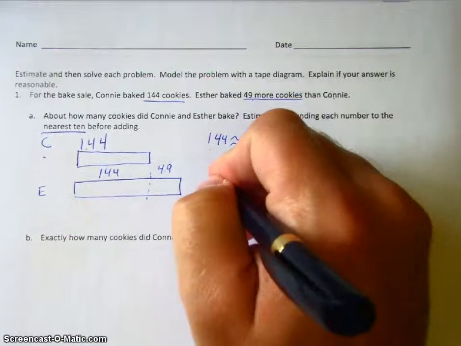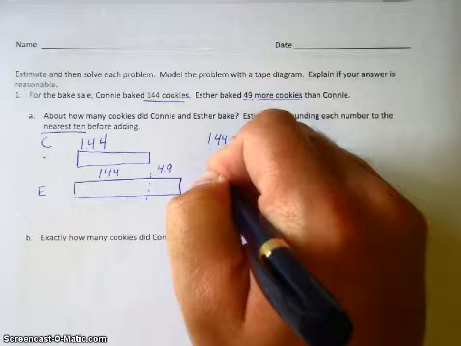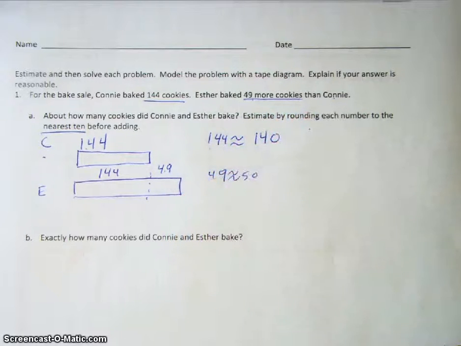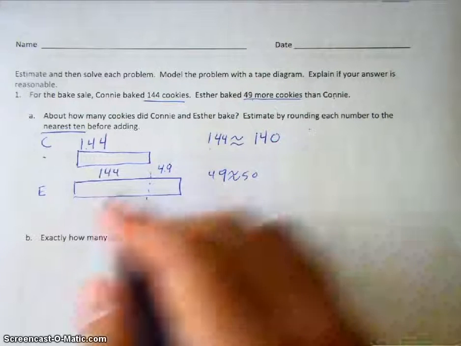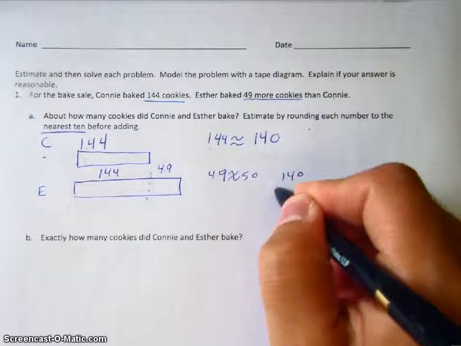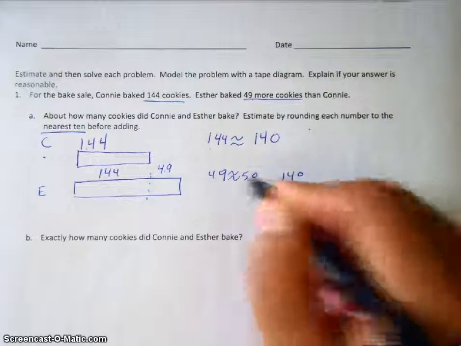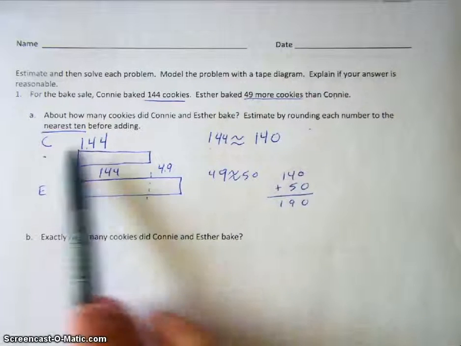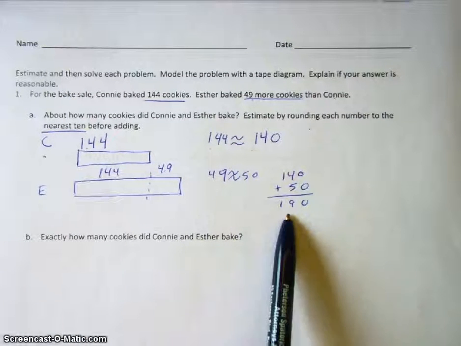Okay. And we know 49 rounded to the nearest 10 becomes 50. So to find out Esther, we need to take our 140 plus the 50, we get 190. So Connie has about 140, Esther has about 190.